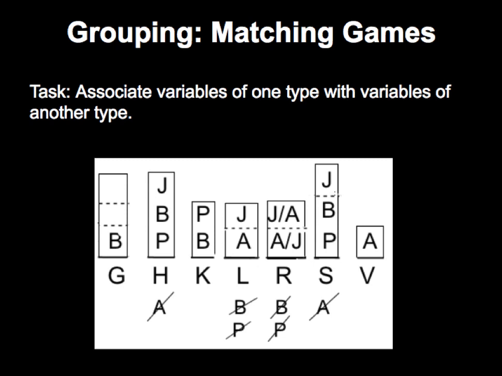It's not as if G is earlier than V. We're simply spreading them out in order to better distinguish them and associate the variables A, B, J, P, those 4, with the 7 different variables of the other category below. Now, to make this a little more real and relatable for yourself, I would suggest checking out the link to a grouping matching game below this video in order to walk through what the setup for this game might look like.